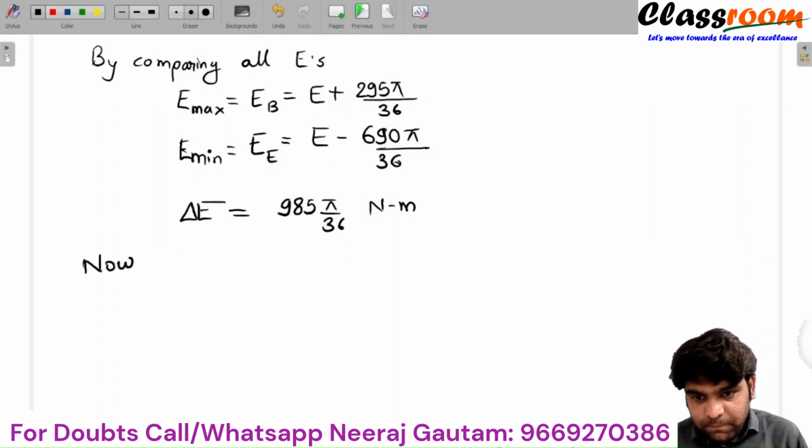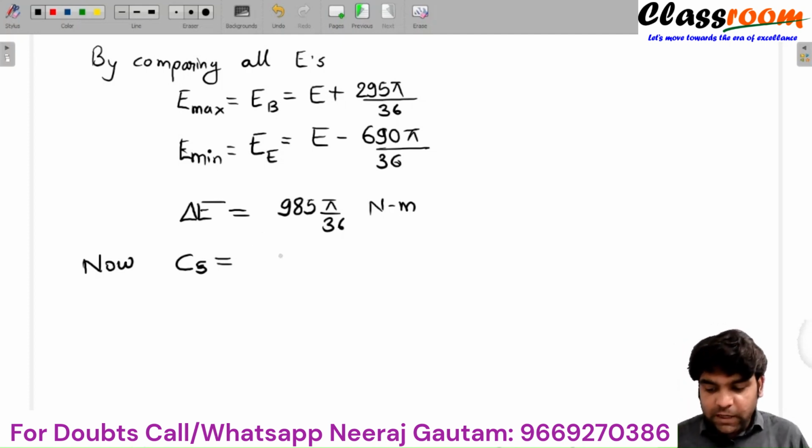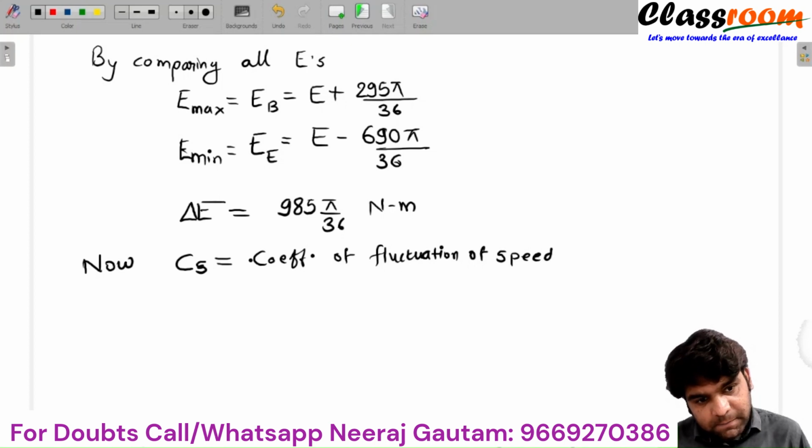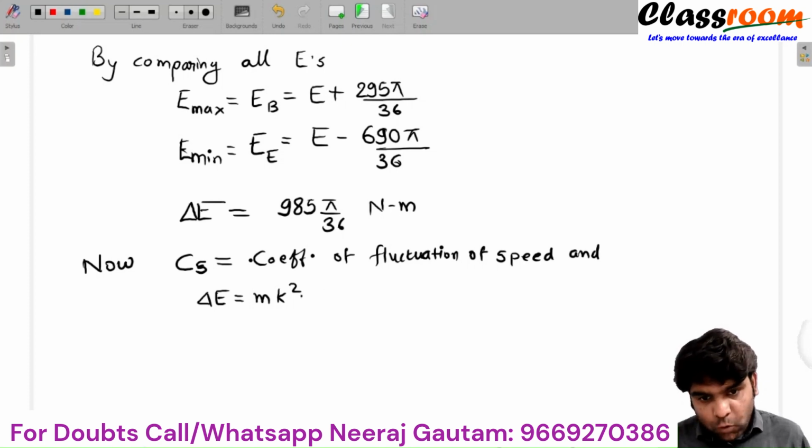We know that CS is the coefficient of fluctuation of speed, and delta E, the fluctuation of energy, is equal to m k square omega square CS.